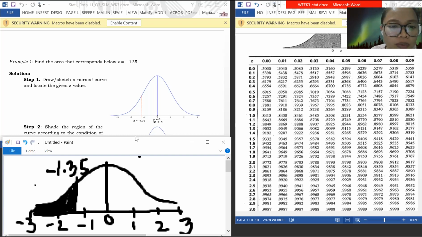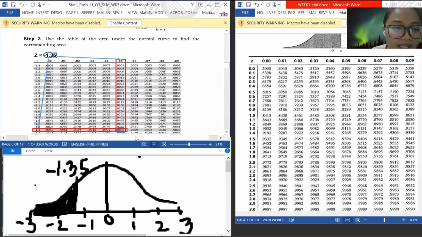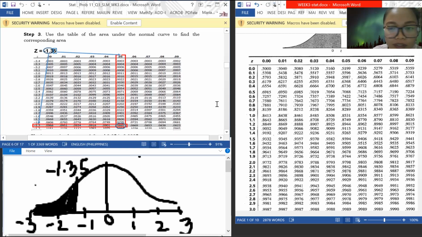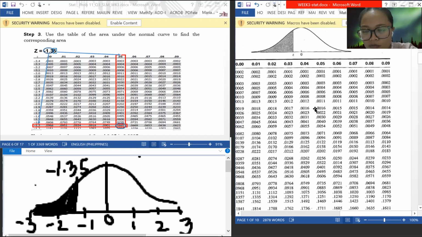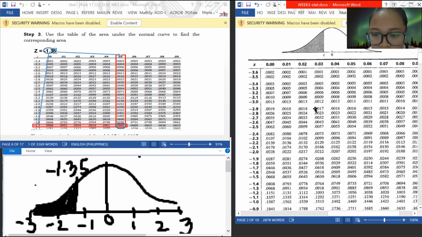Now what you are going to do is very simple. Locate where negative 1.35 is. This table is the table for positive values, so for negative values we look for 1.35 in the negative table.